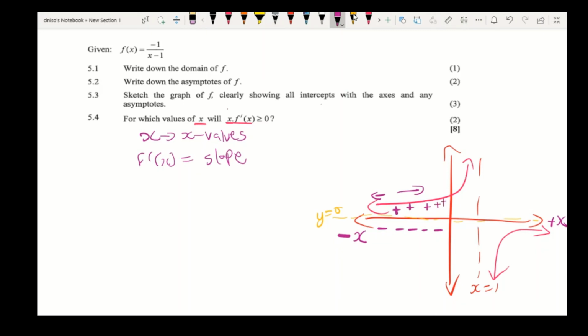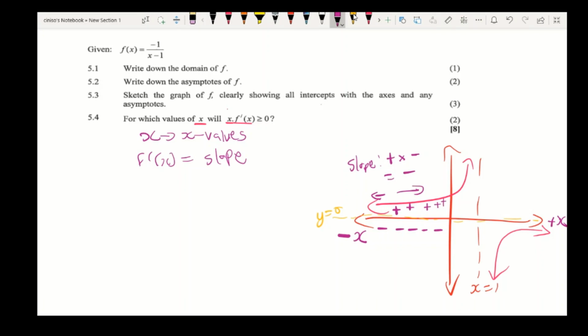So the slope, which is positive, multiplied by the negative x values will give you a negative solution, meaning that it is not going to satisfy the answers that we want in this problem.